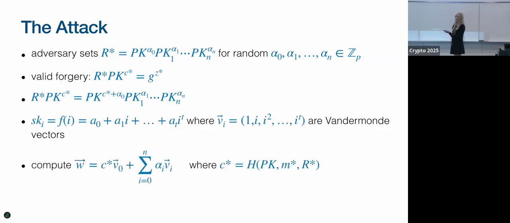And then the adversary will compute this vector w. This is c star times the first Vandermonde vector plus the linear combination of the other Vandermonde vectors, where we have these random coefficients alpha i. And c star here for the forgery is the hash of the public key, the forged message, and this value R star computed above.